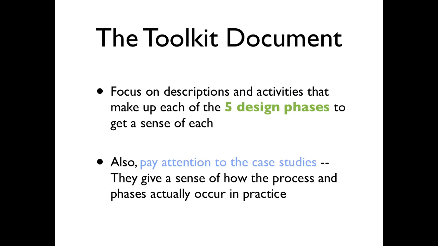So within each of those 5 phases of discovery through evolution, the document includes a lot of smaller steps and activities that will help you guide through the process of design. And also as you're reading it, take a look at the case studies because they give a sense of how the process and how these different phases actually occur in a much more real and less abstract sense. You can get a sense of what it's actually like to be designing for education using these steps.